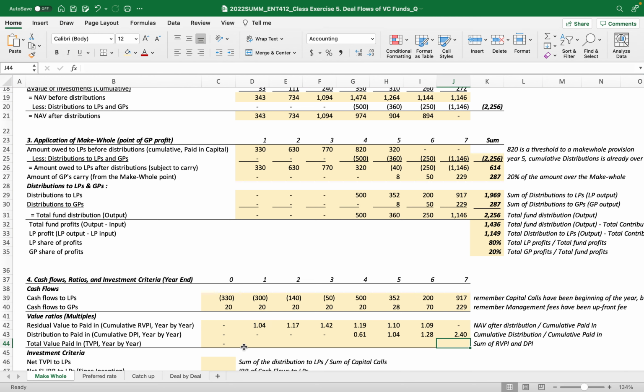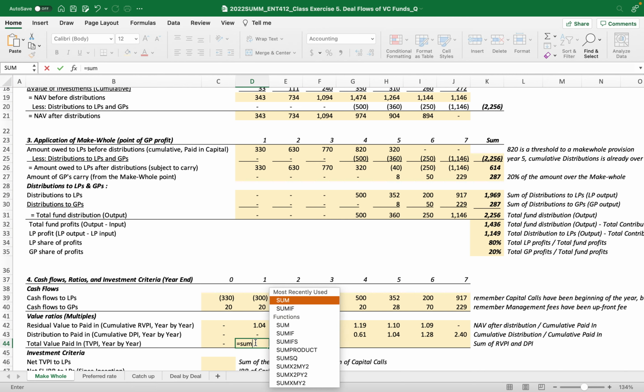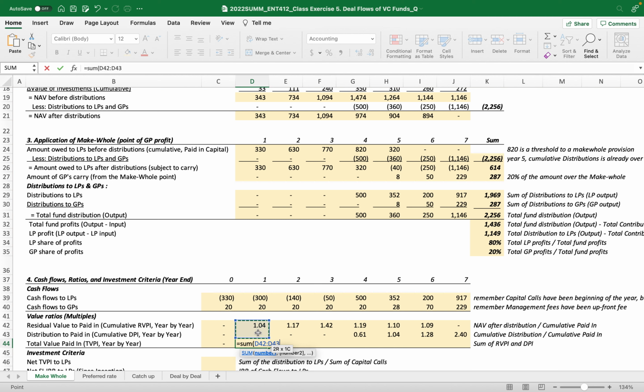So total value paid in is just, we can sum all this residual value and distribution, right? So that is how we get the total value, residual value plus distribution for the numerator. So sum of these two. First year, now it shows over 1.